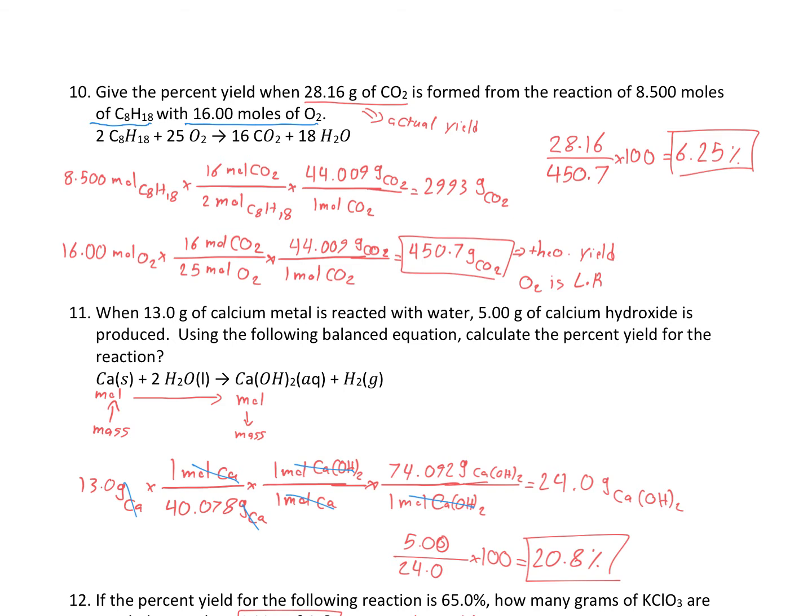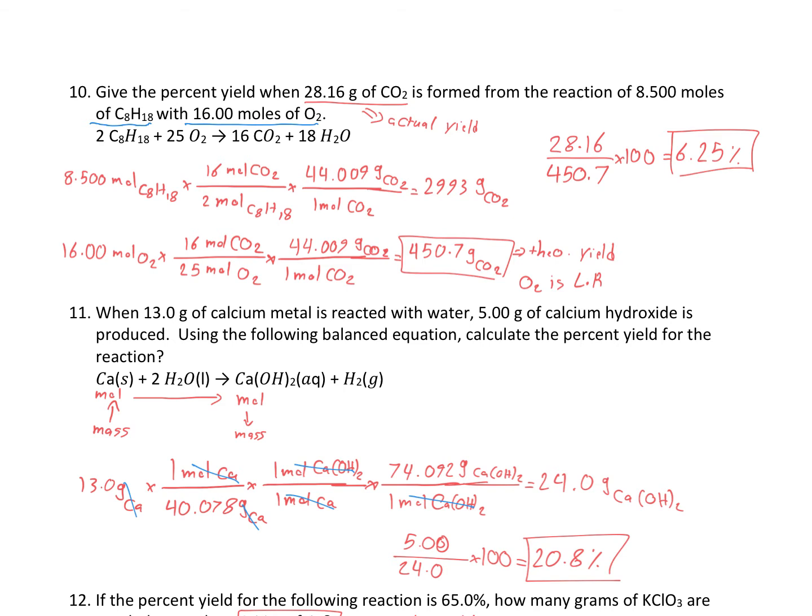Okay, so I need to find the theoretical yield, and theoretical yield is the mass of product based on the limiting reagent. So I find the mass of CO2, that's what I'm trying to find the percent yield on, because I have the actual yield of CO2.